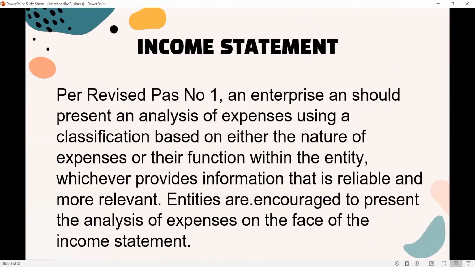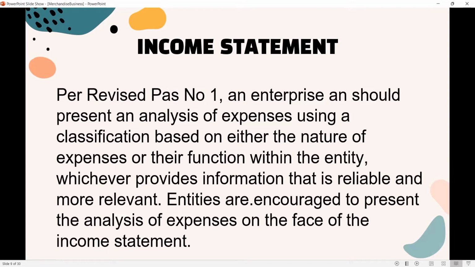So, next slide. Income statement. For revised PAS number 1, an enterprise should present an analysis of expense using a classification based on either the nature of expenses or their function within the entity, whichever provides information that is reliable and more relevant.